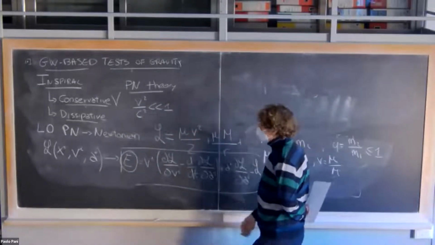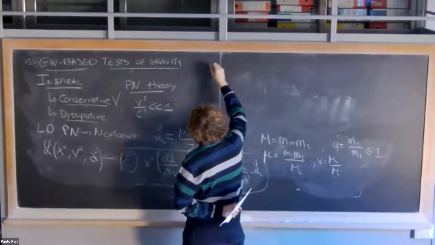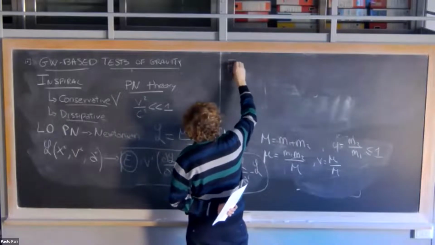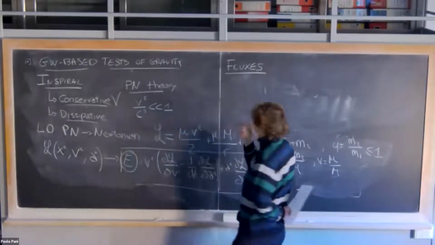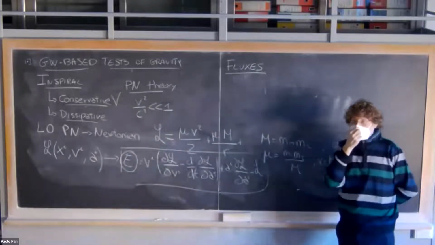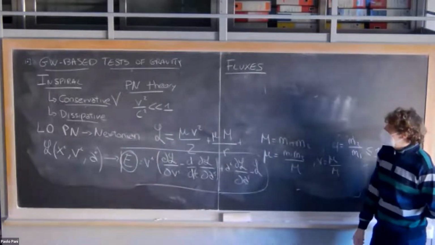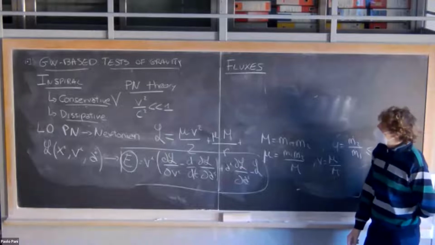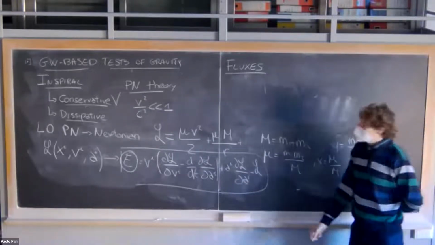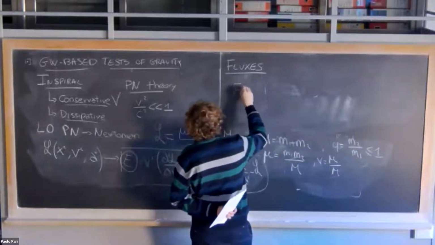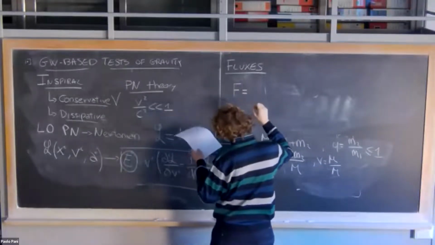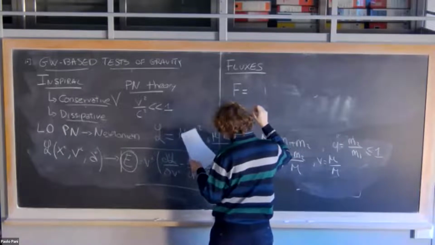The second part of this computation is given by the fluxes, which tell us how energy is emitted, is lost in the system through the emission of gravitational waves. And to leading order, one can use the famous, what is the Greek factor?